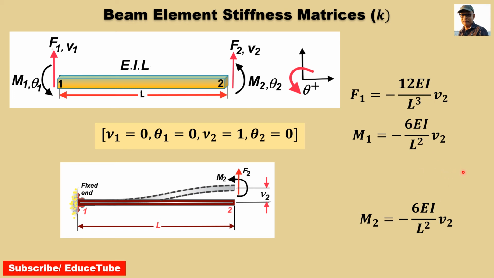Then we have to divide it by L, then we get this 12EI over L cube. Same way for F2, we add these two divided by L. So these are the values we got. Here we have to put minus, this is plus. So we got it. Now this is the third column of the matrix.